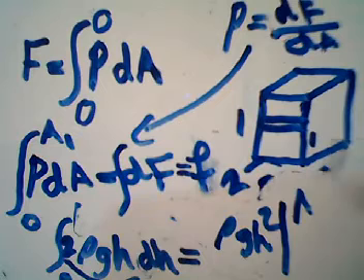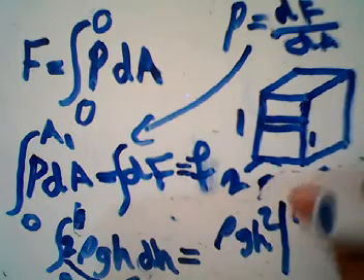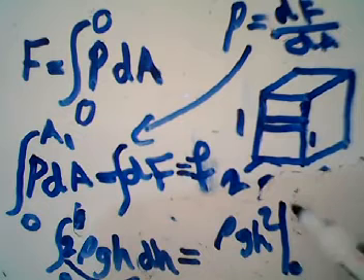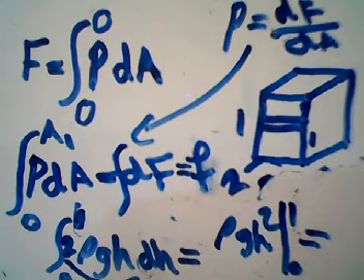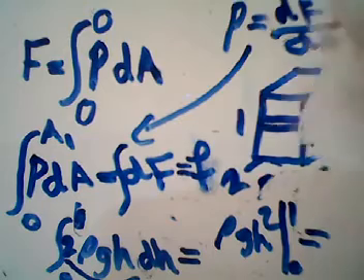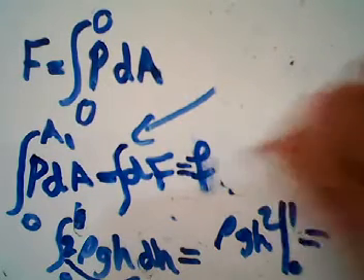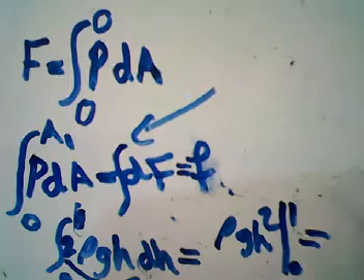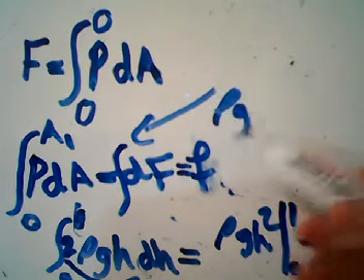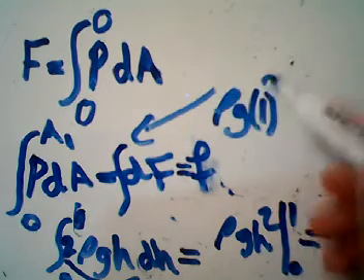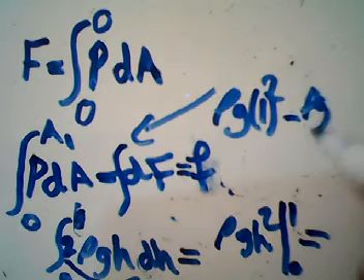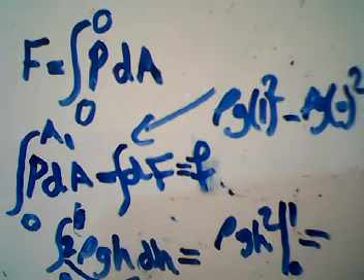This is 1. Okay. So from 0 to 1, which is this, which is rho g 1 squared minus rho g 0.